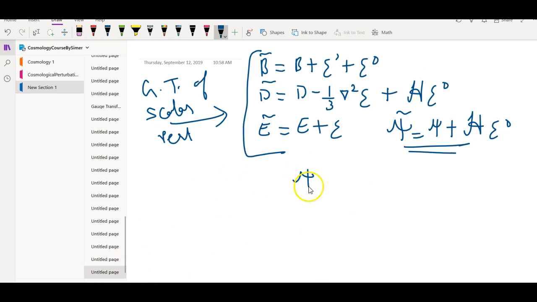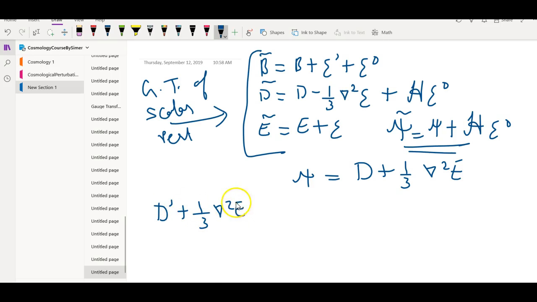To come to this equation, all you need to do is write psi prime as d prime plus 1 by 3 del square e prime, then write d prime in terms of d and psi, and e prime in terms of e and psi, and we will get this equation.